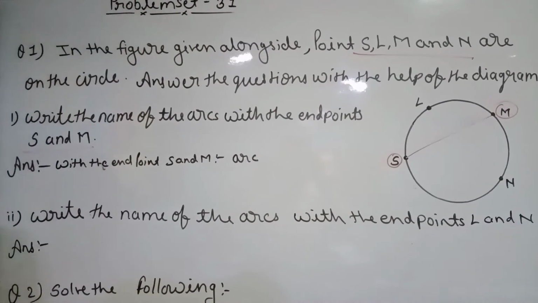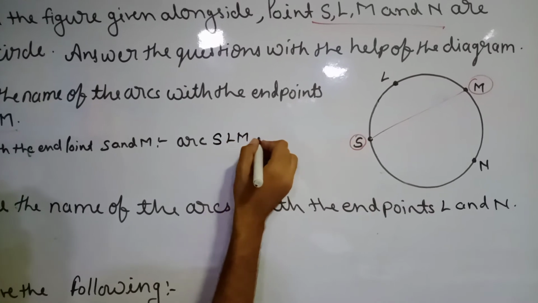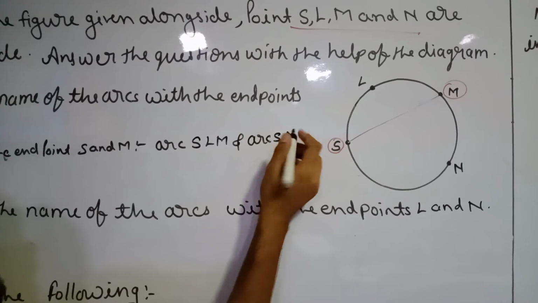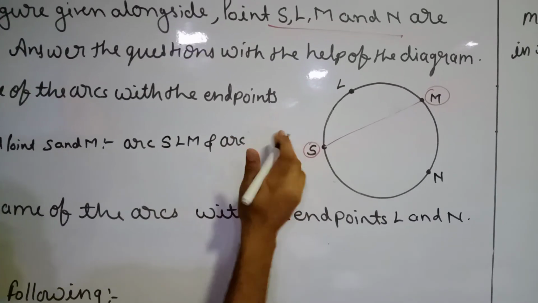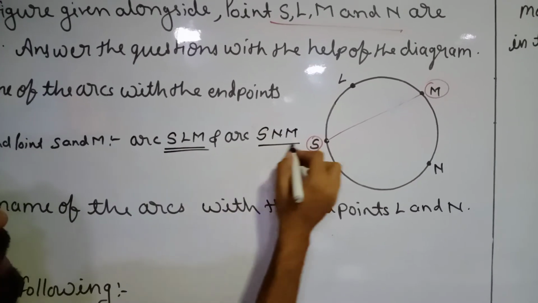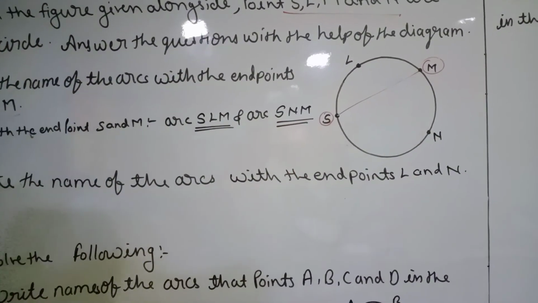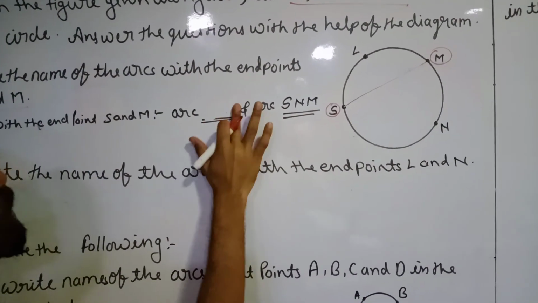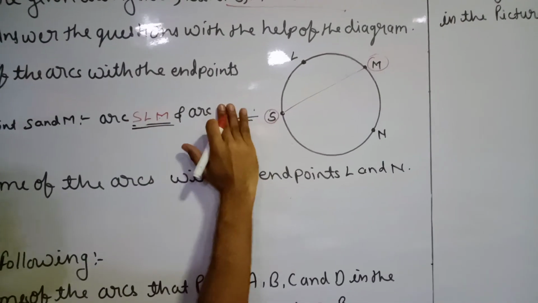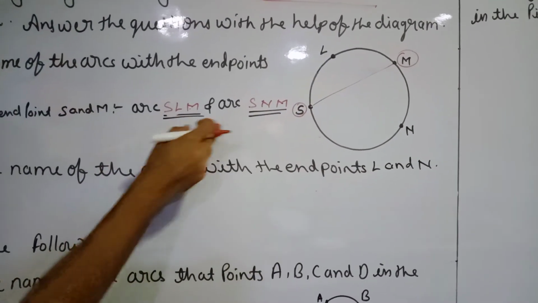Here we do not need to describe major and minor, we just write arc S, L, M and arc S, N, M. This way, these two are the names of the arcs with the endpoints S and M. For your better understanding, we can use red for S, L, M and S, N, M. So the red one shows these two arcs.